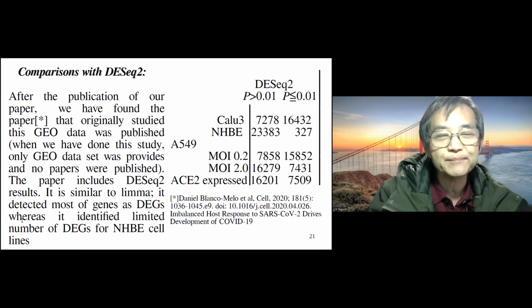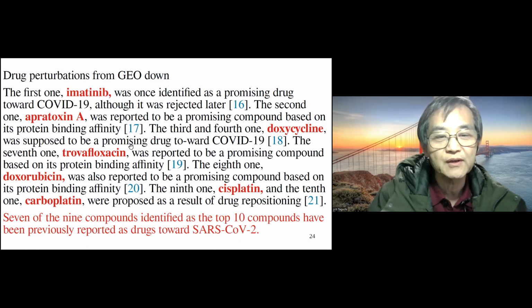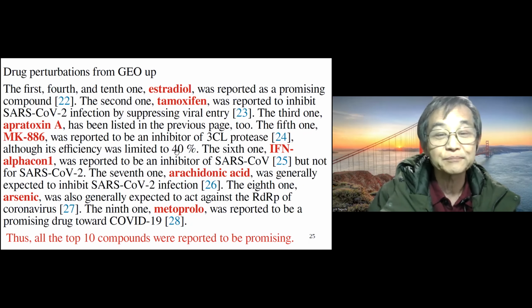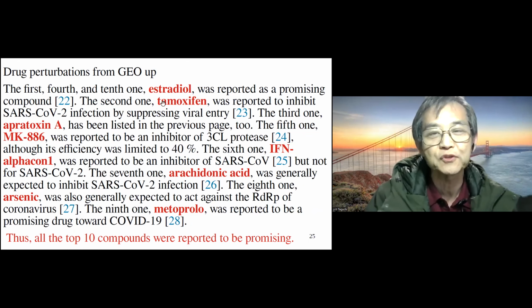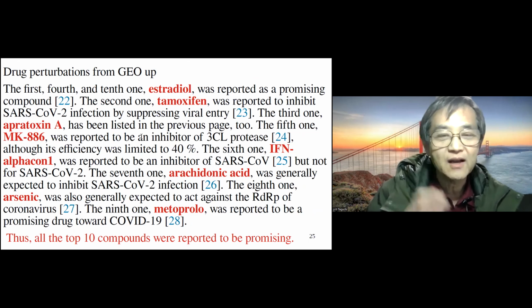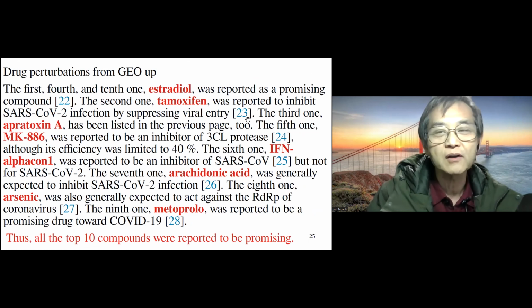But again, we have found all compounds once tested for SARS-CoV-2. This one is not really SARS-CoV-2, but SARS-CoV. But as you can see, please check the references if you doubt these outcomes.